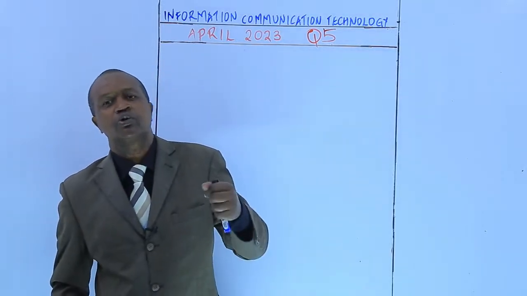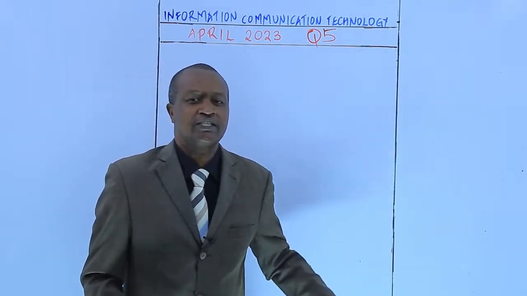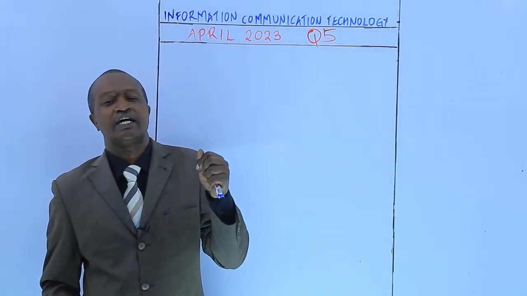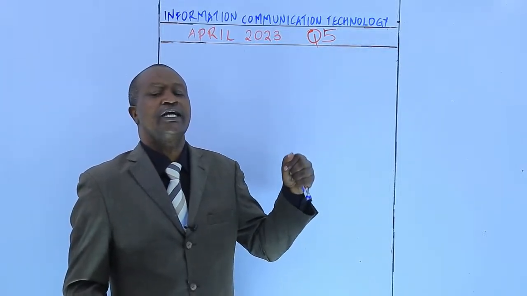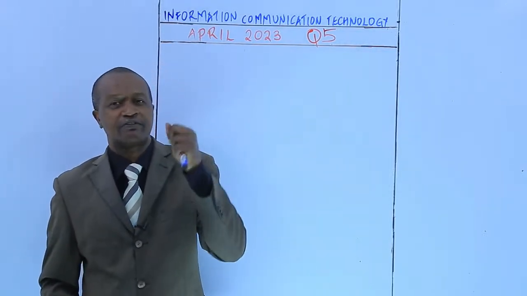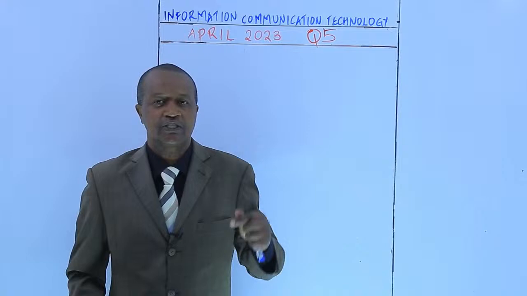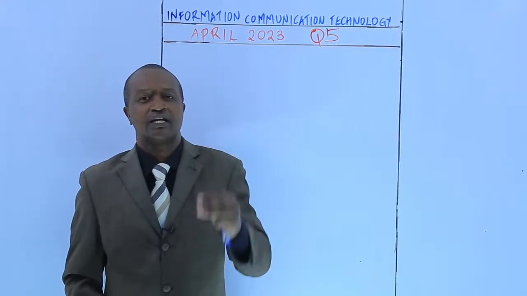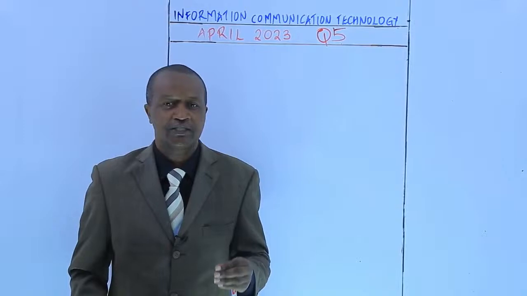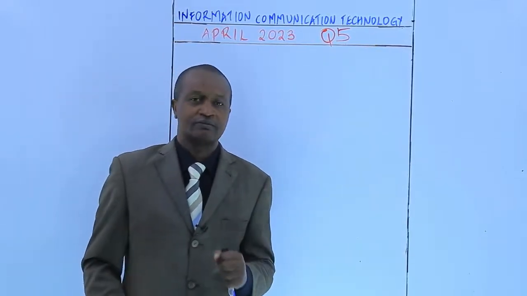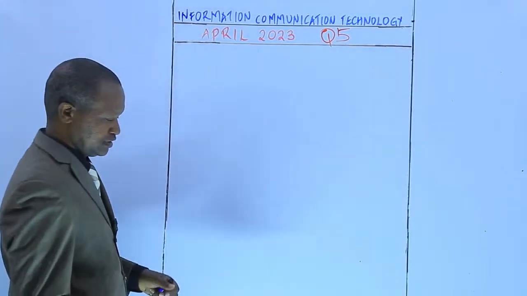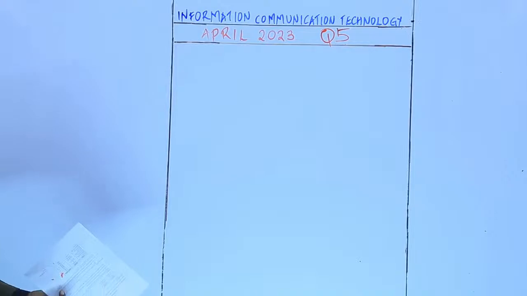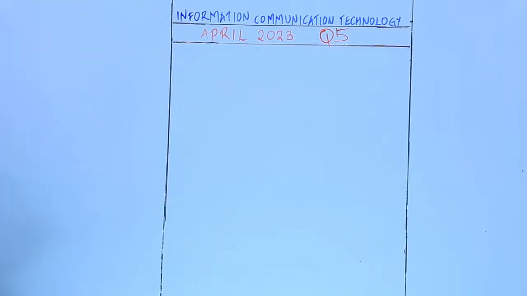In other words, to protect the confidentiality, integrity, and availability of the information system. So those are 5 objectives. Number 1, efficiency. Number 2, accuracy. Number 3, scalability. Number 4, usability. Number 5, security. So let us put the objectives down.